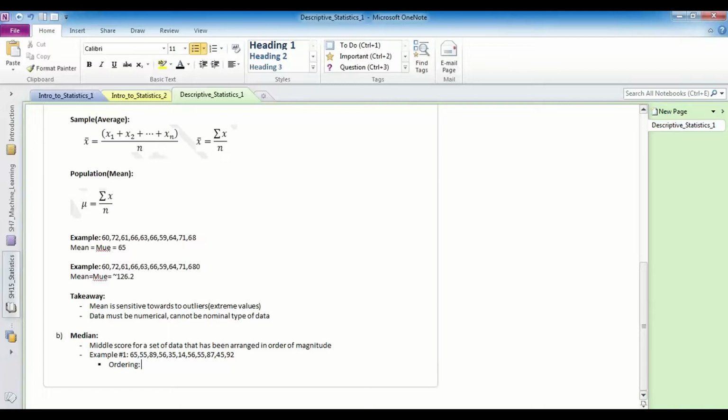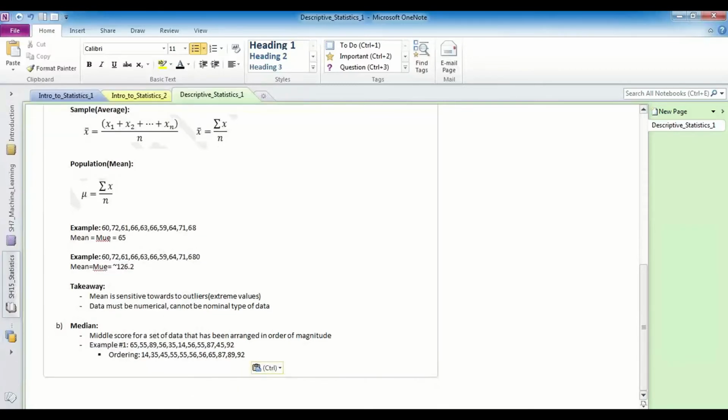So what is the minimum value? 14. And what is the maximum value? 92. So I need to arrange these 11 data elements in sorting order starting with 14 all the way to 92. Since the total number of elements is 11, do we call it an even number or odd number? Odd.